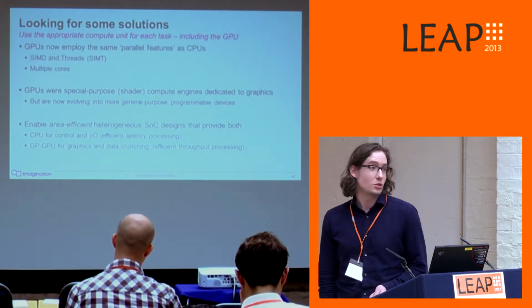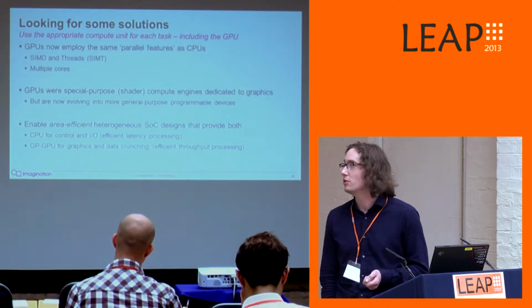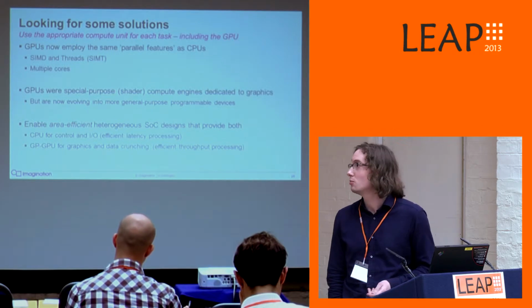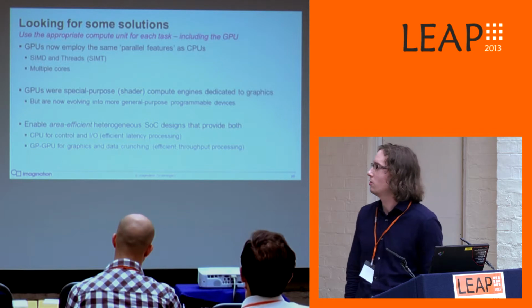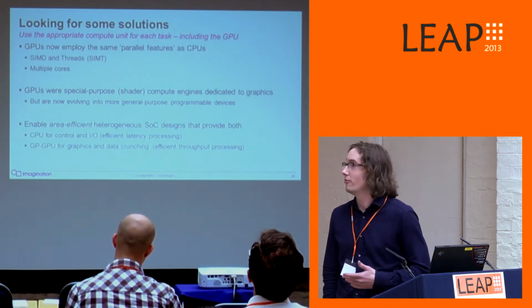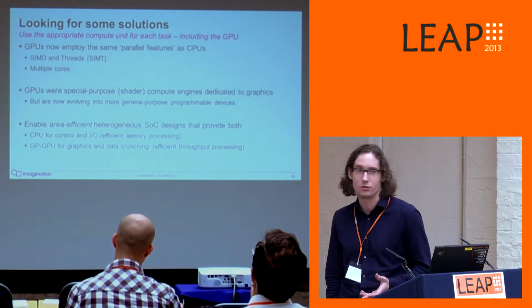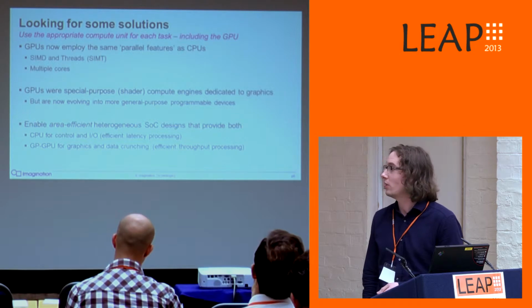So one of the interesting things with GPUs is they now employ the same kind of parallel features as CPUs. So things like SIMD and threads, you have this kind of SIMD execution model and lots of cores. Whereas in the past they were special purpose, historically just fixed functions, and more recently special purpose shader engines for graphics, now they're really evolving into more general purpose programmable devices.